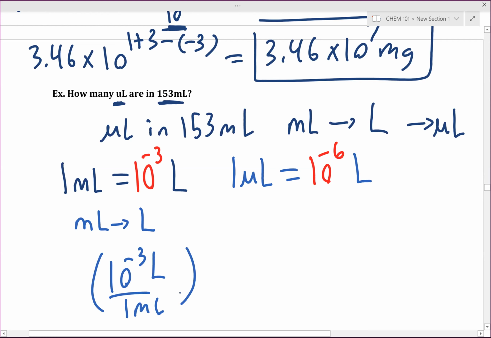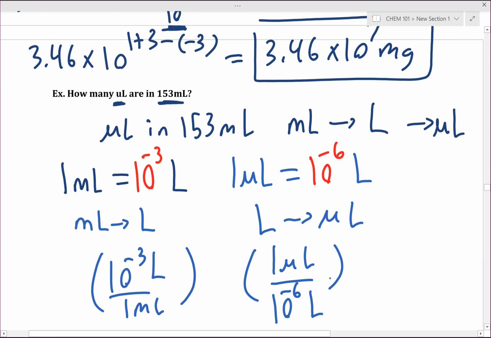Good. And if we're going from liter to microliter, what units need to be on top? Microliter, exactly. So we know 1 microliter per how many liters? Yep, 10 to the negative 6. Okay, perfect. We have all of our unit conversion factors set up pretty quickly.